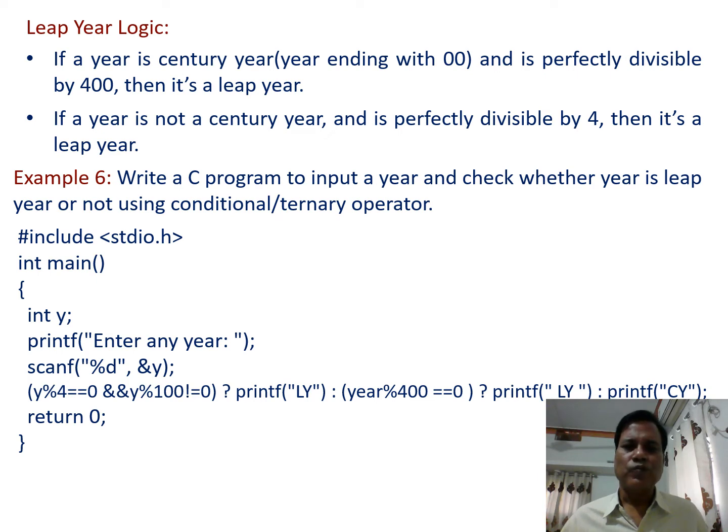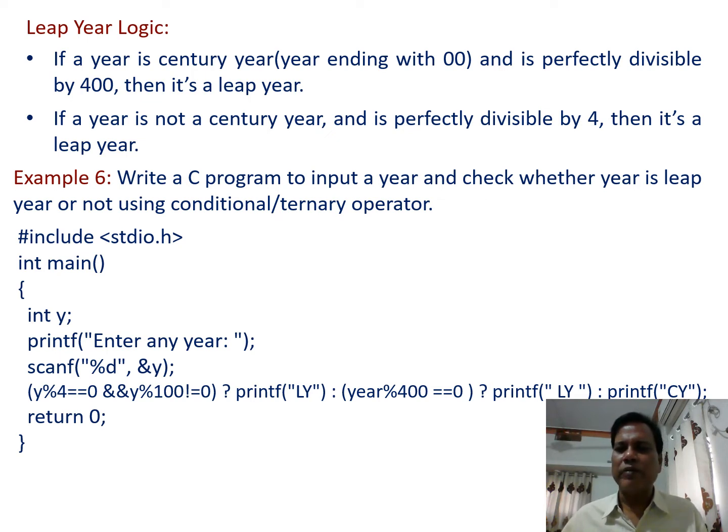Otherwise, if this condition is false, that is, if it is not divisible by 4 or it is a century year, then we go to the false part of the conditional operator.